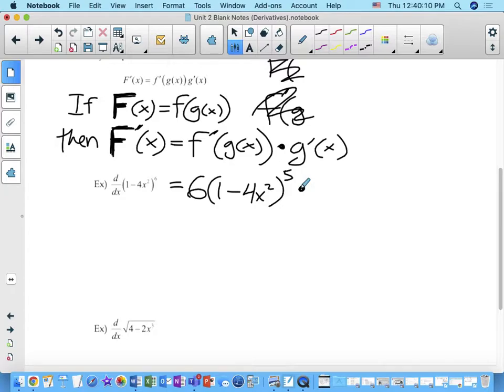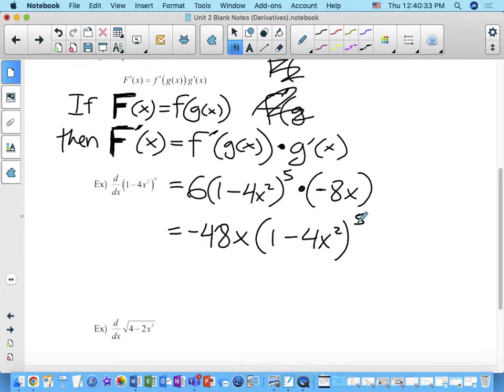The derivative of that is negative 8x. And that's the derivative of the entire thing. Okay, and you would probably write, 6 times negative 8x is negative 48x times 1 minus 4x squared to the 5. Okay, so I would write this as dy by dx. Okay, so this is the derivative.